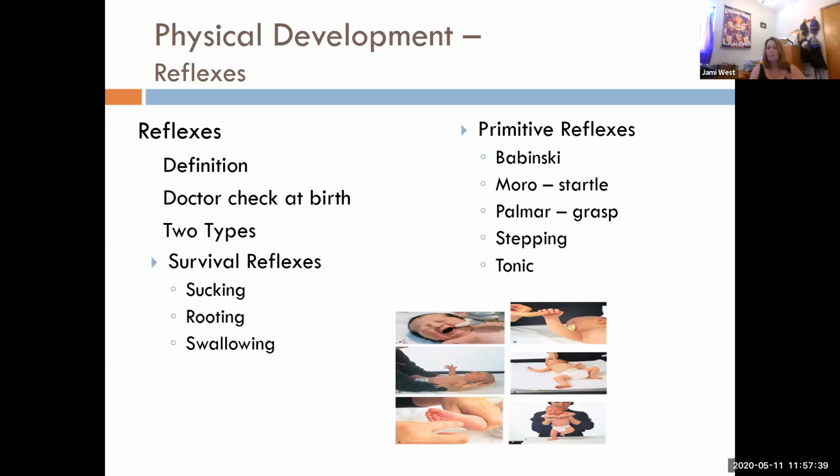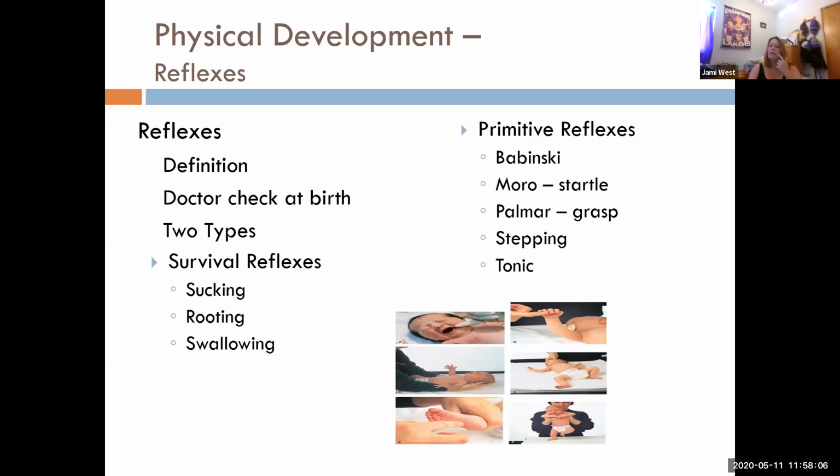There are two types of reflexes: survival and primitive. The first one we talk about is survival. These are reflexes that we are born with that we need to survive, like sucking. Rooting, which you see in the picture at the top left, sorry, those pictures are not great.